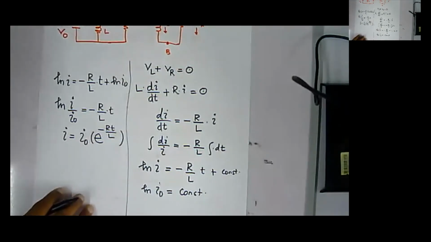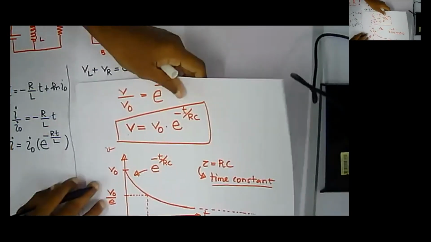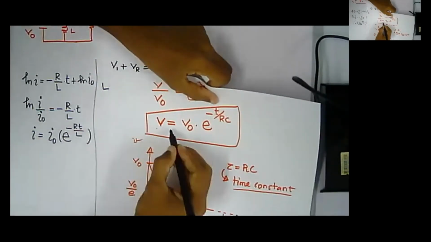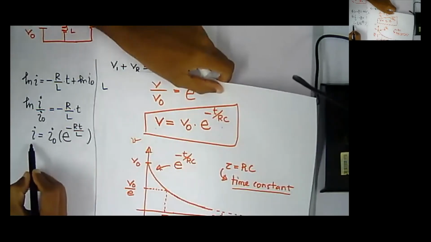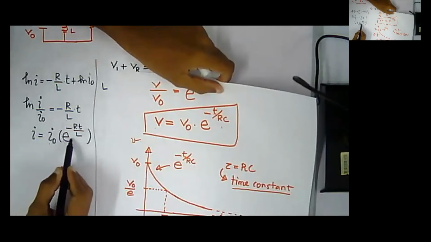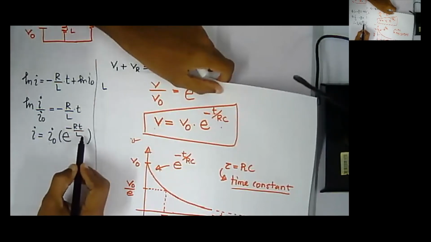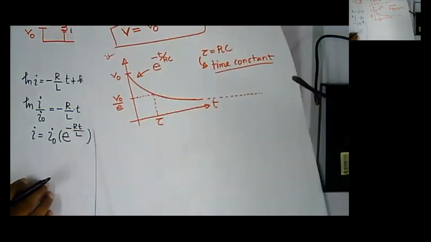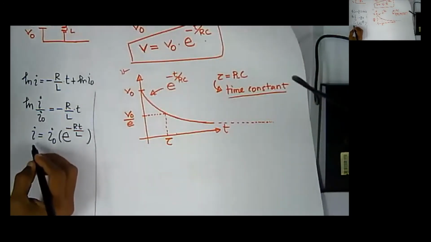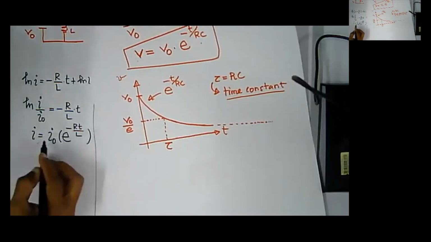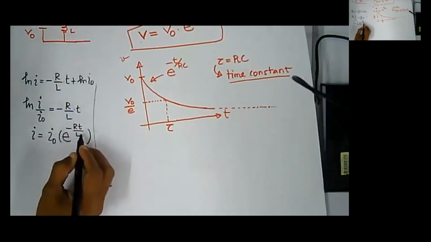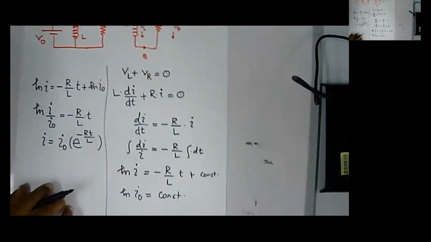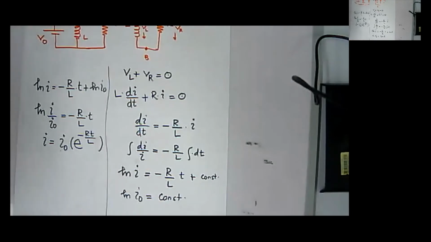What we had in the capacitor was V equals V naught into e to the power minus t by RC. For an inductor, I equals I naught into e to the power minus Rt by L. So the transient current I at time t seconds can be written as I naught into e to the power minus Rt over L. This is the simple equation to calculate the transient current through the inductor.